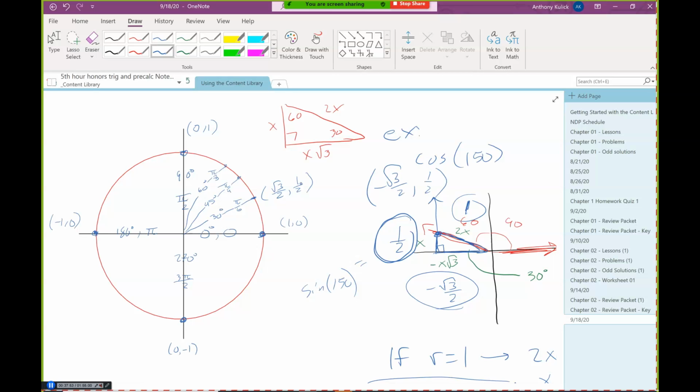Everybody's okay with that? Now let's do the 60 degree angle, since we have the 30, 60, 90 triangle still sitting here. So here, cosine is going to be 1/2, and sine is going to be square root 3 over 2. Is everybody okay there?